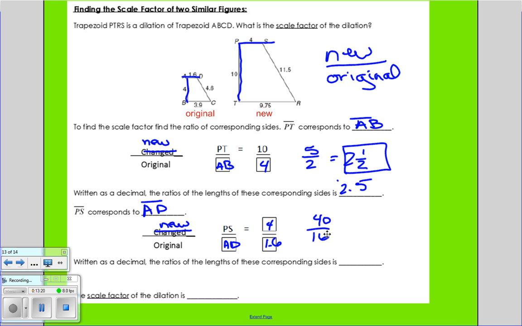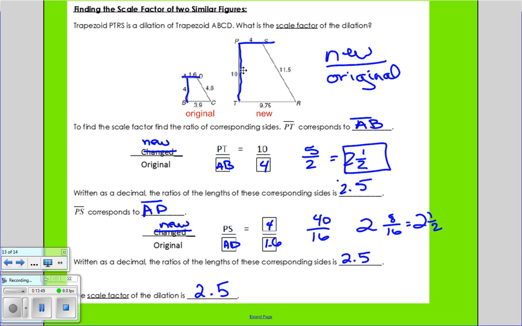There are 2 16s in 40, and that's 32 that we take out of here. That leaves 8 16ths, which we all know is 1/2. So written as a decimal, it's a 2.5 scale factor. This new figure is 2.5 times larger than the original. So once again, the scale factor of this dilation is 2.5.